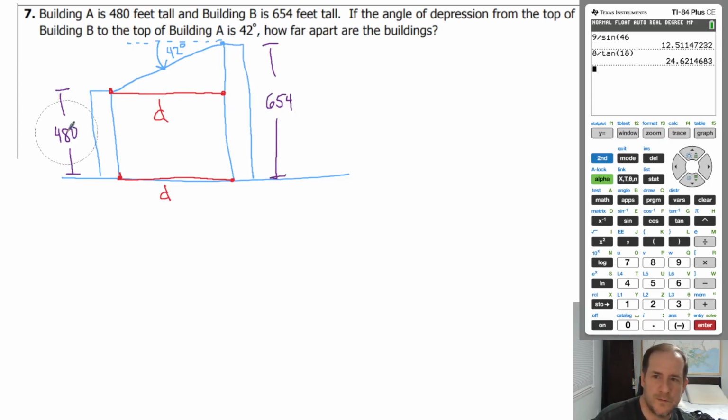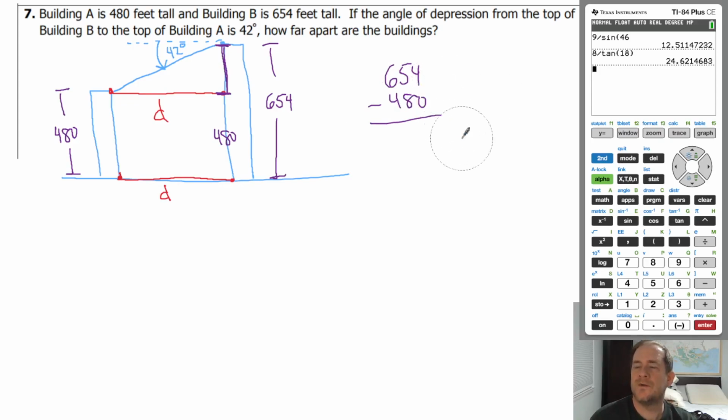Well, if this is 480, then this piece over here is 480. So we know that this vertical leg of this triangle is just the 654 minus 480. Which is what? 274. I'm going to go ahead and check that calculation because I'm feeling pretty tired. I don't feel like messing up.